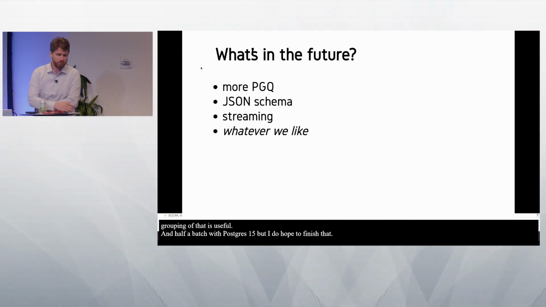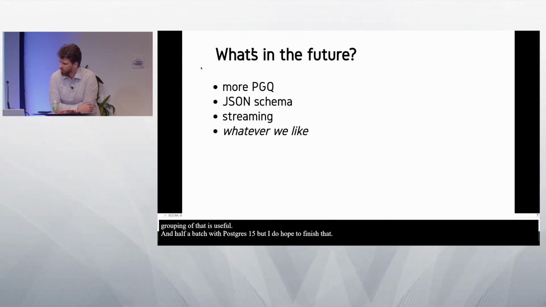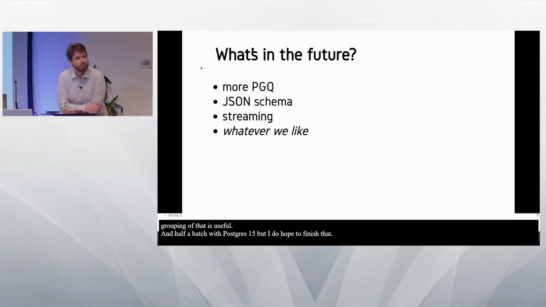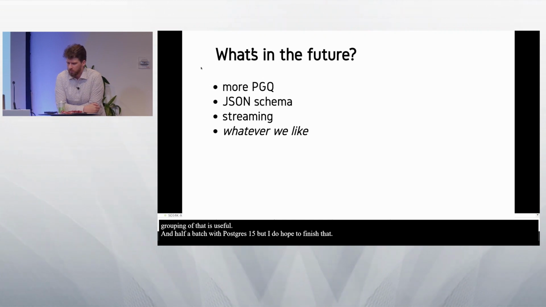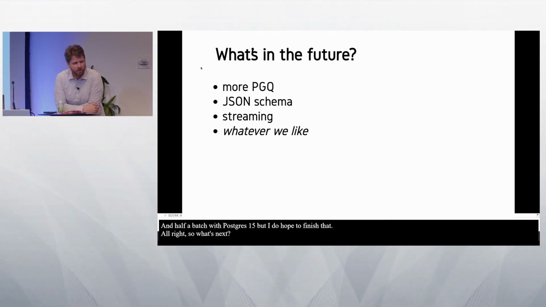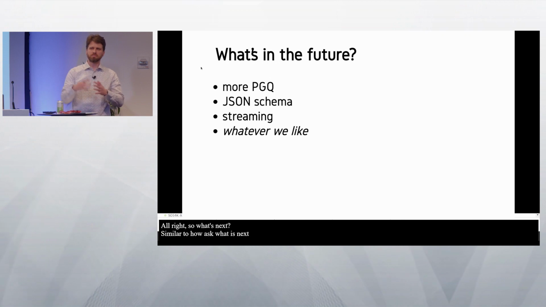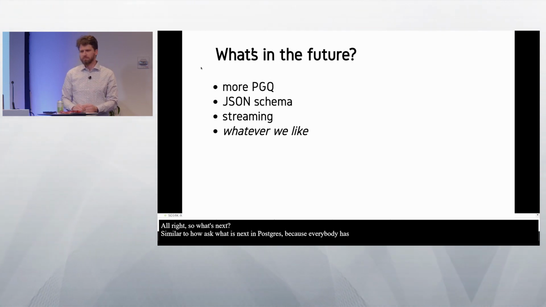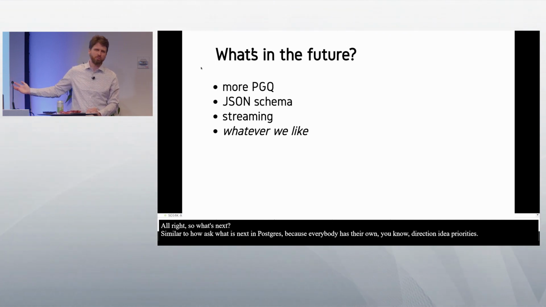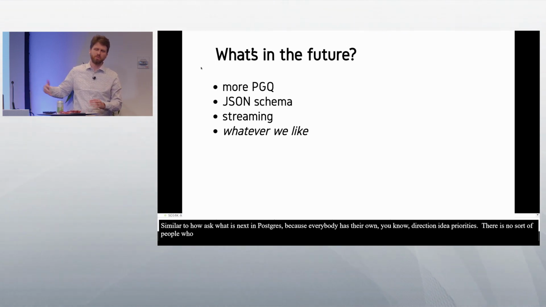All right, so what's next? Similar to how people ask what's next in Postgres, there's no roadmap, of course, because everybody has their own direction, ideas, and priorities. The people who participate in WG3 are in a way volunteers, right?